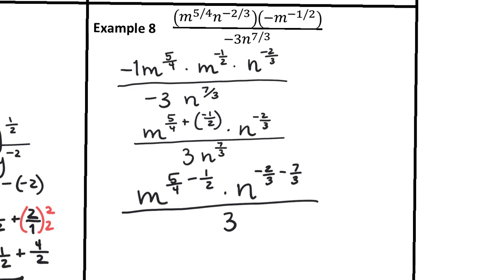Okay, so now looking at the m, I have a 4 and a 2. The common denominator here is 4, so I can change this 2 into a 4 by multiplying the bottom by 2, but whatever I multiply the bottom by, I have to multiply the top.